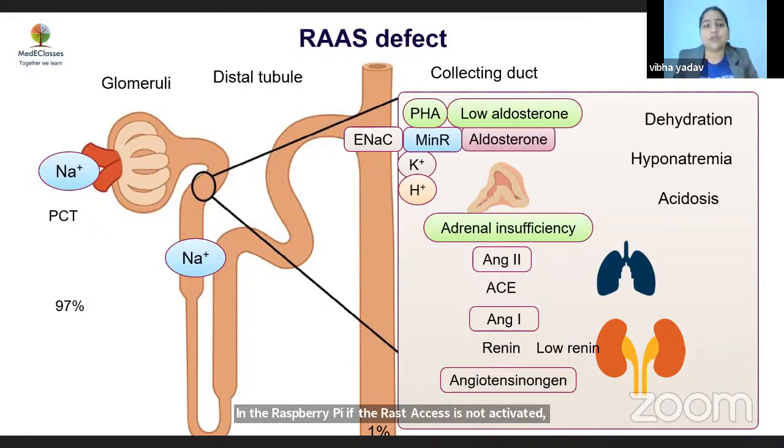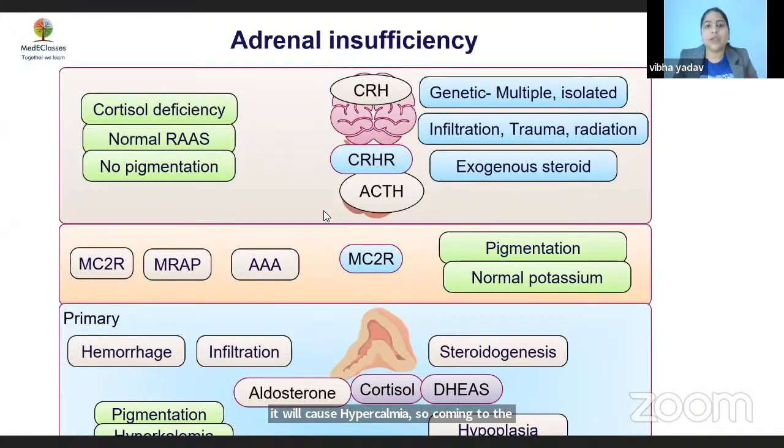So coming to adrenal insufficiency first, as sir has already mentioned, potassium is regulated by the renin system. In the central and the receptor defect, there is no problem in the renin axis, so the potassium is absolutely normal in these two conditions.